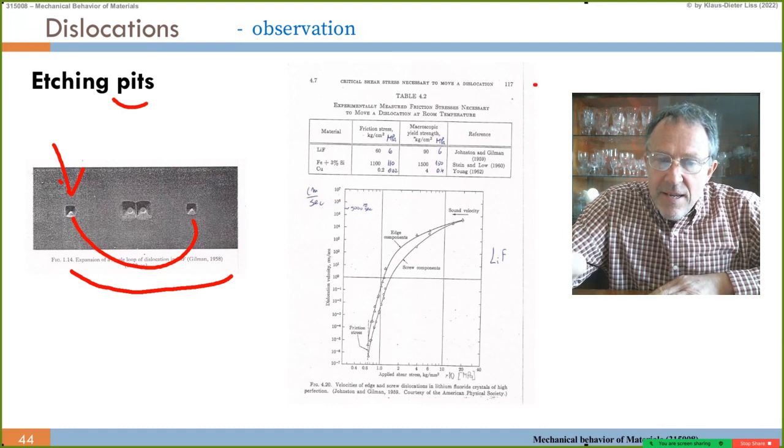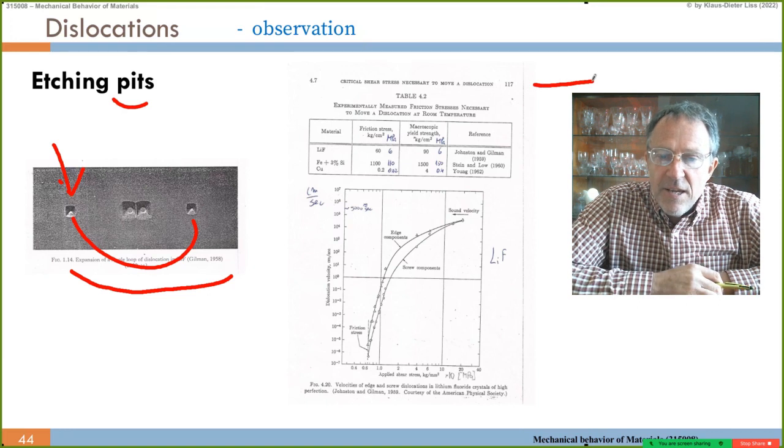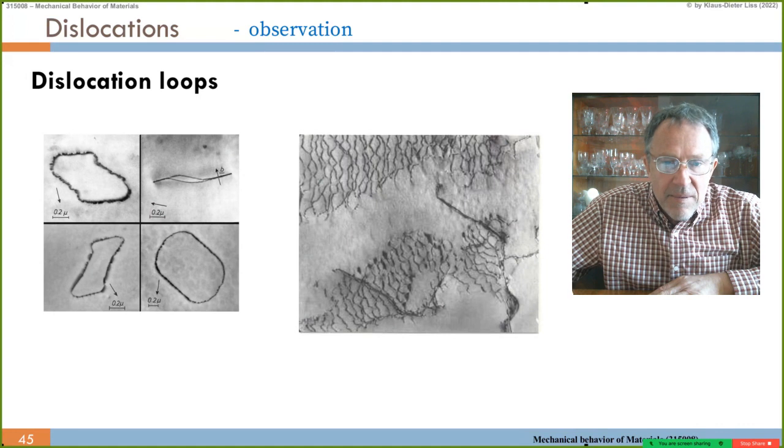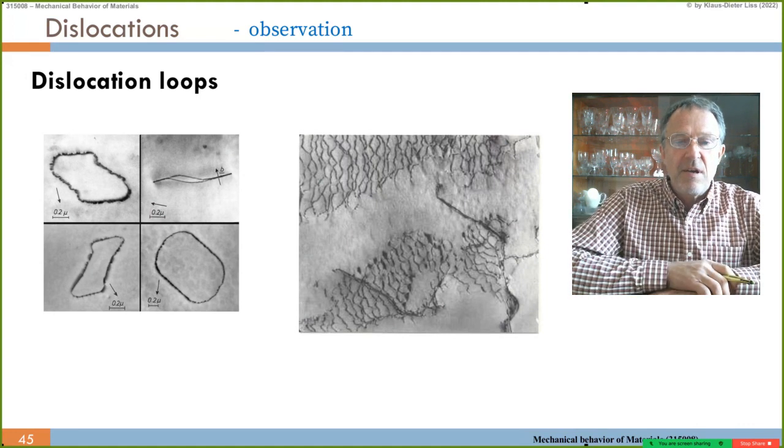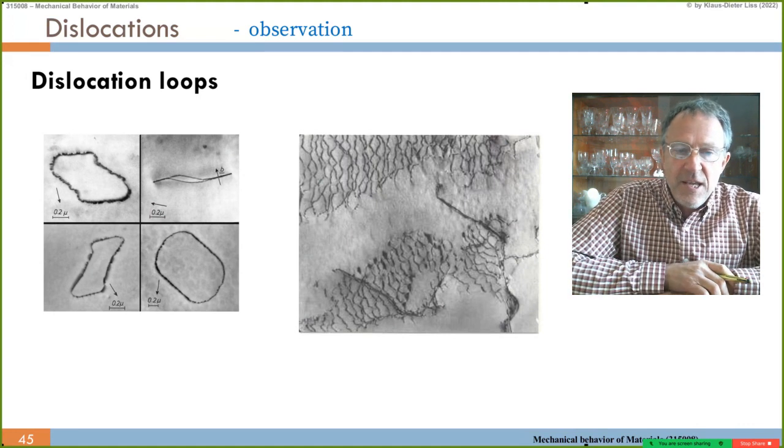So what is shown here, also critical shear stress necessary to move a dislocation. Yeah, I haven't looked up that paper. But we look to the observation of dislocations. Of course, we can do electron microscopy.